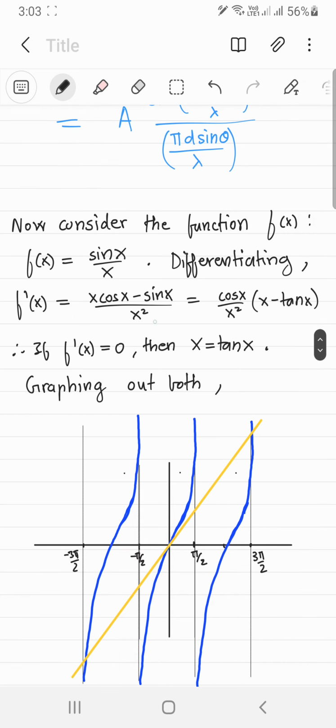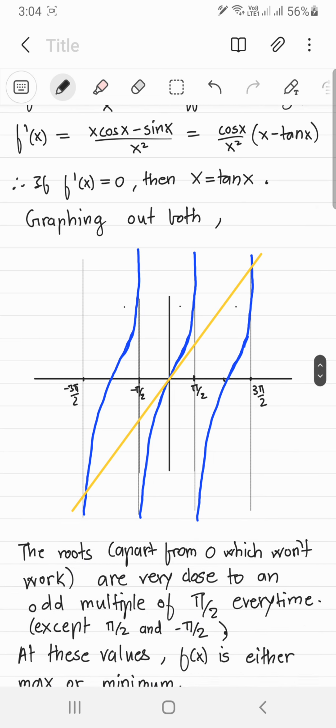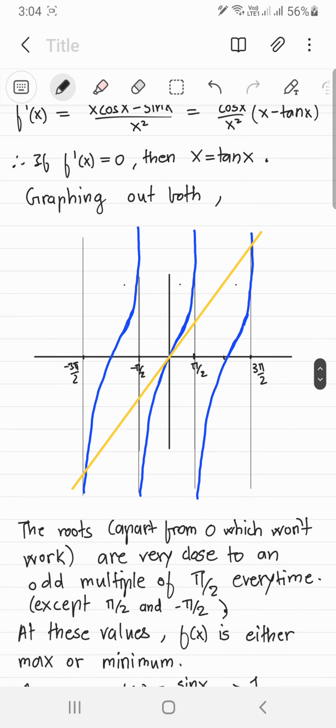So first we differentiate this thing, and that gives us f dash of x equal to this thing. Then we try to solve when is f dash of x equal to 0. So the values of this equation would be very close to 3 pi by 2, negative 3 pi by 2, and also 5 pi by 2, negative 5 pi by 2, plus minus 7 pi by 2, and so on. Right?